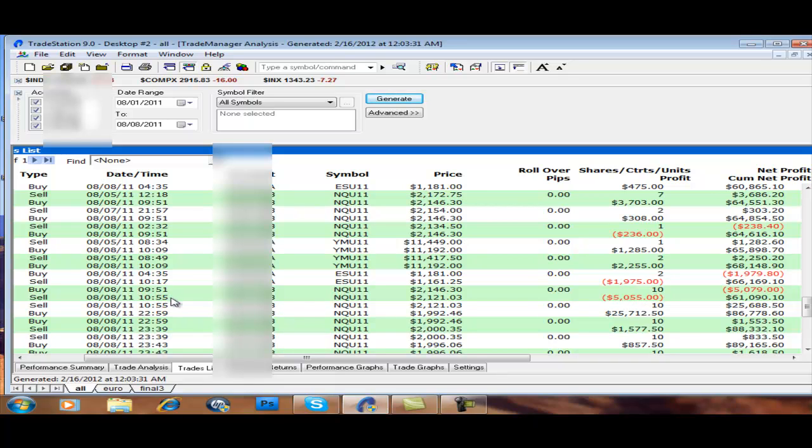But what happened is, you can see right in here, at 10:55 I did a straight out reversal, with the same number of contracts, and went from 10:55 in the morning till 22:59, or 11 o'clock at night, to close out that position.